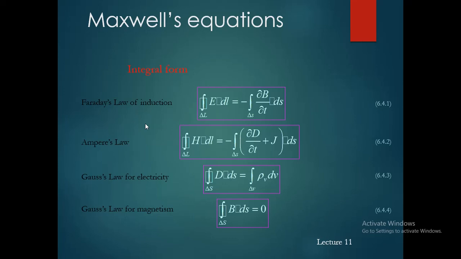Example, free space. A non-homogeneous medium is one where the permittivity, permeability and conductivity are not constant and differ from point to point in the medium.